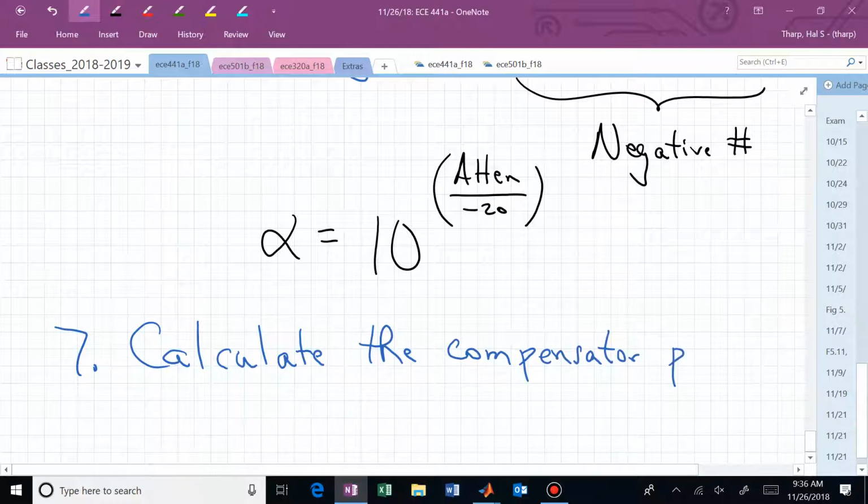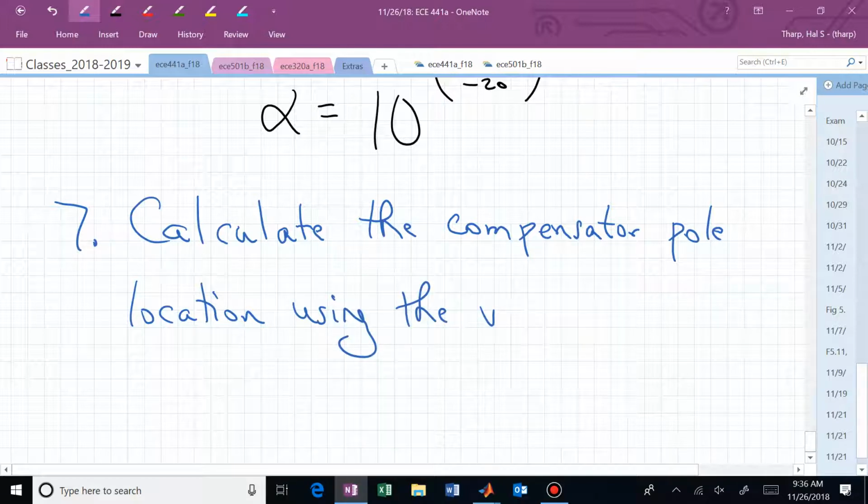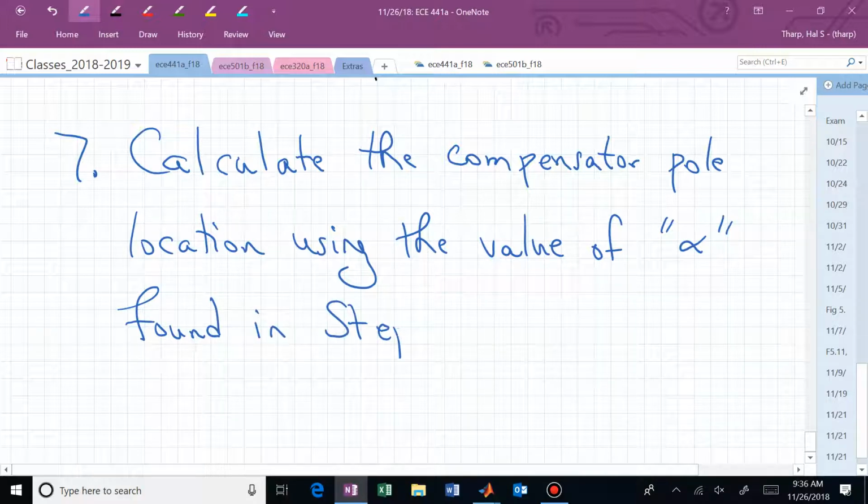Step 7 now says calculate the compensator pole location using the value of alpha found in step 6.